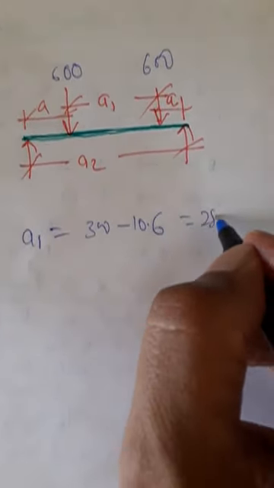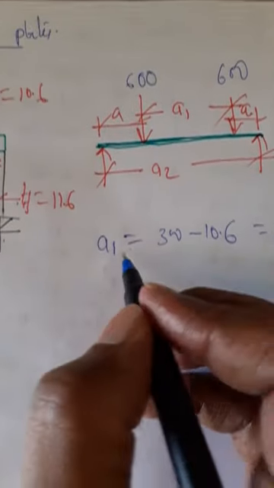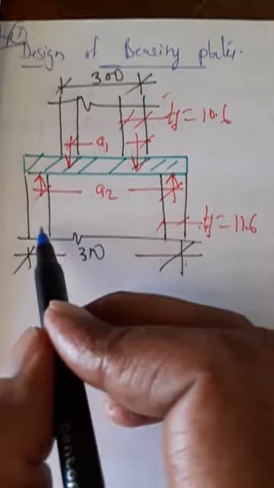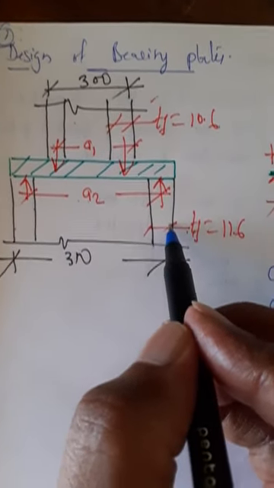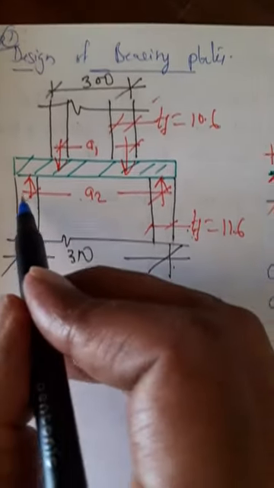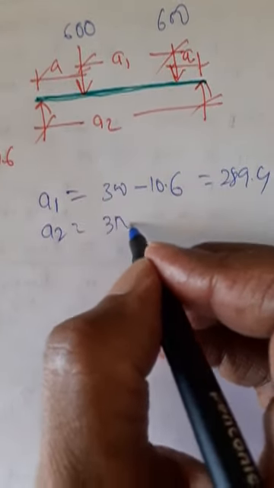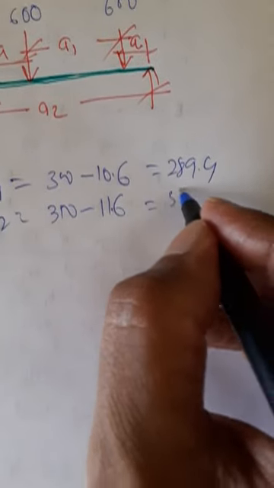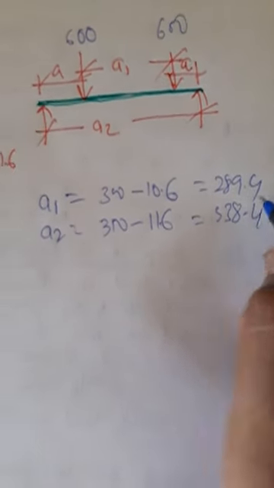You have the value 289.4. Similarly A2 is this outer dimension minus TF by 2 minus TF by 2, or minus TF. So 350 minus 11.6. So you have the answer 338.4.